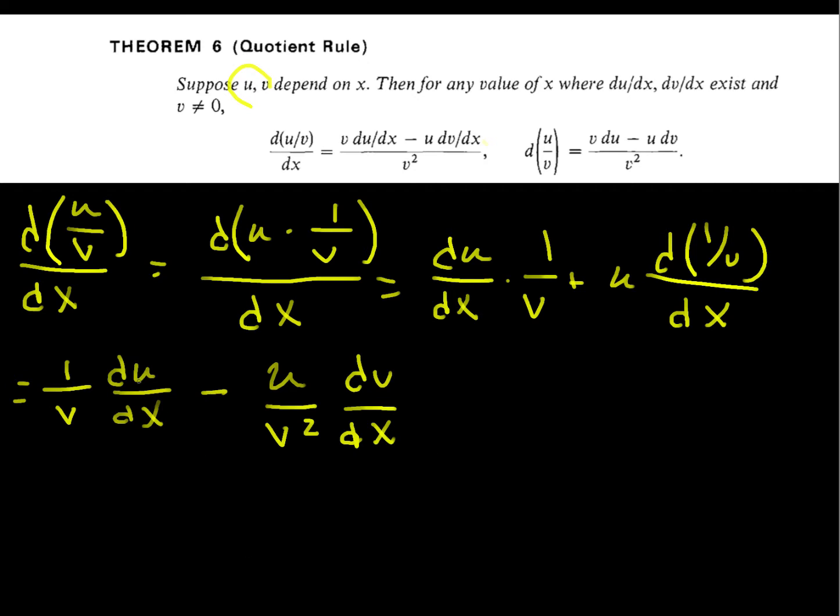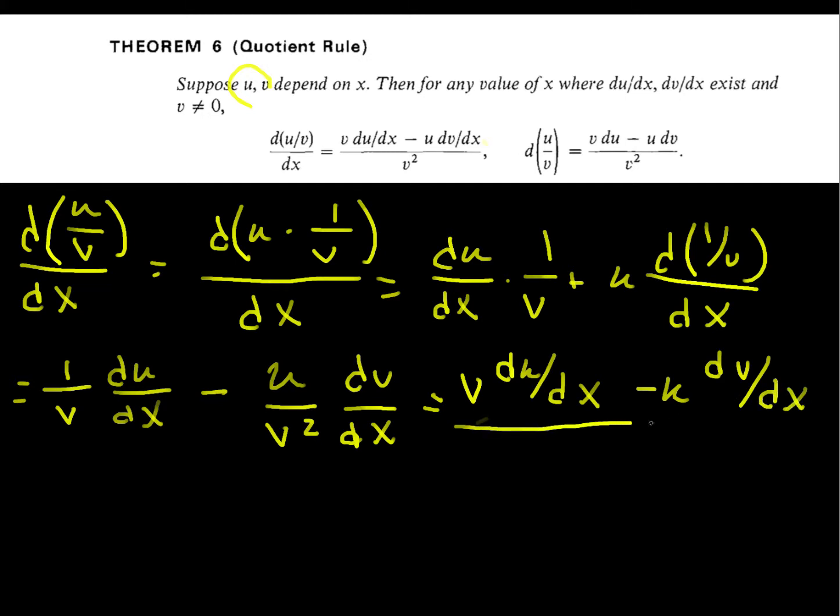And if I want to put this under one simple fraction, my common denominator is v squared. So I get that this is equal to v du dx minus u dv dx, all divided by v squared.